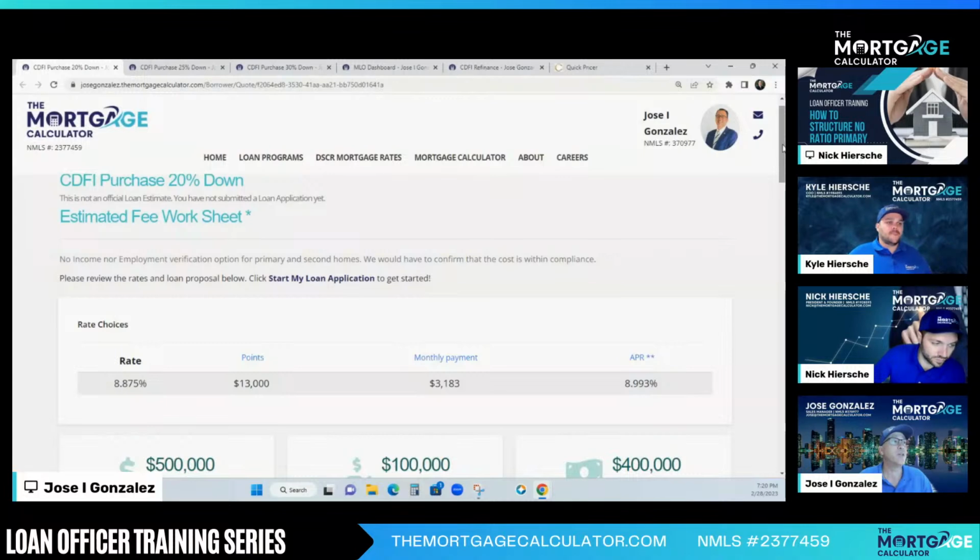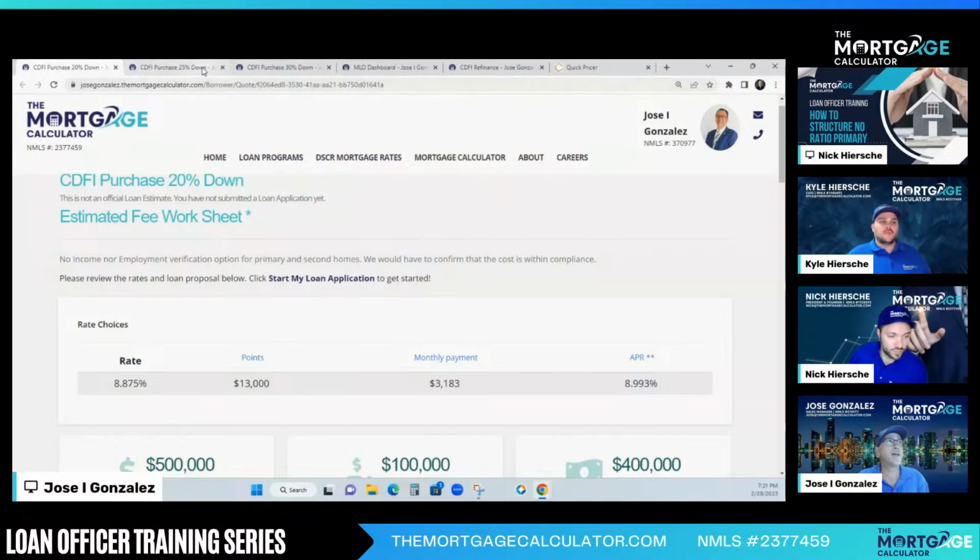If you can get what you need. So in this case, you're looking at 8.875% as the rate with the lowest cost, and pretty much probably the only thing you would be able to offer here. And it is at a cost of 3.25 points. So again, this is obviously 80% LTV, so no mortgage insurance is available.